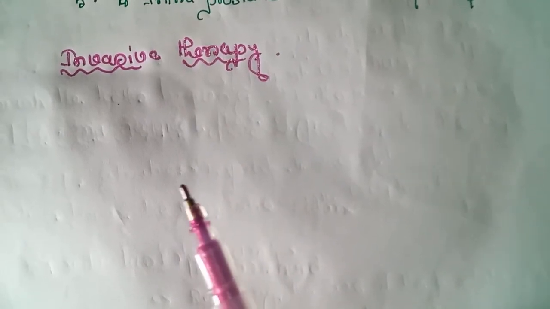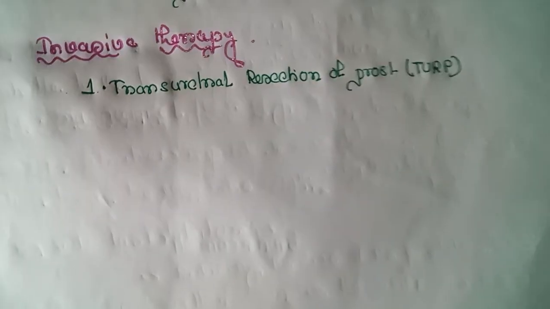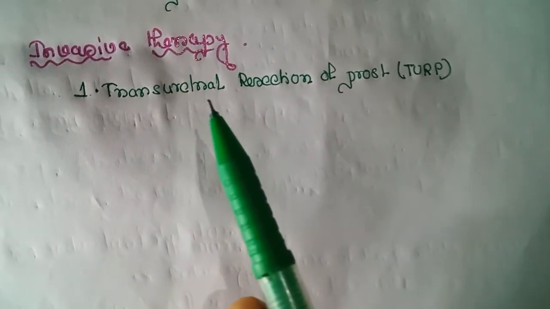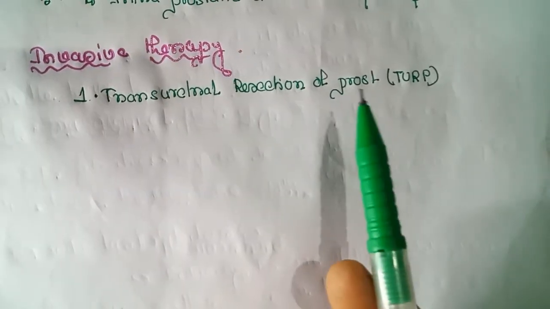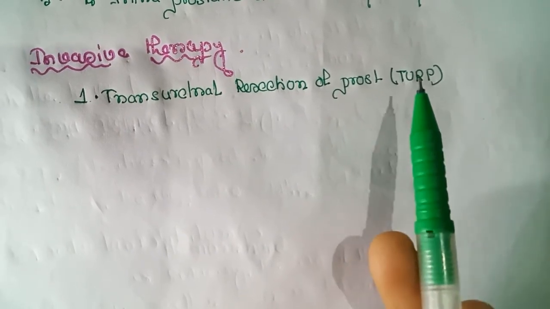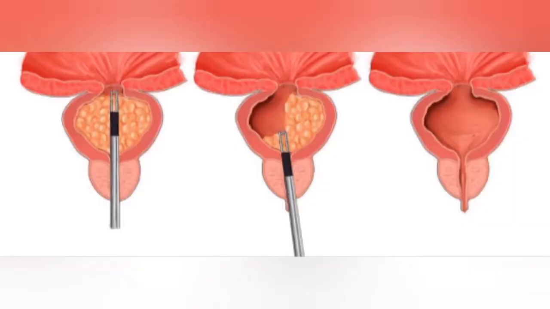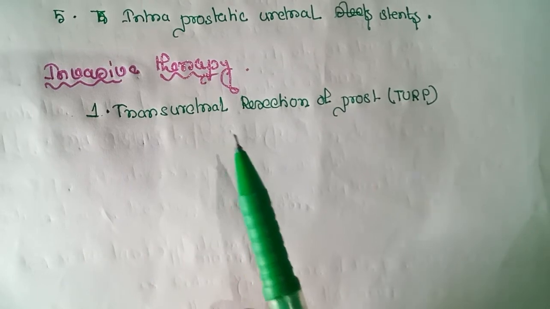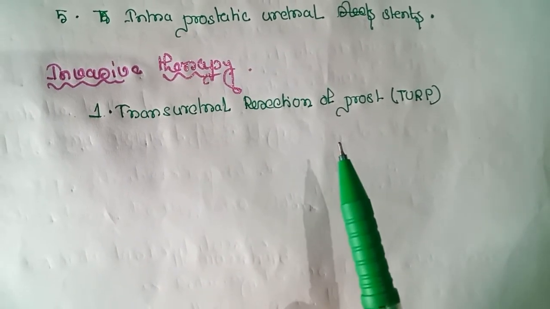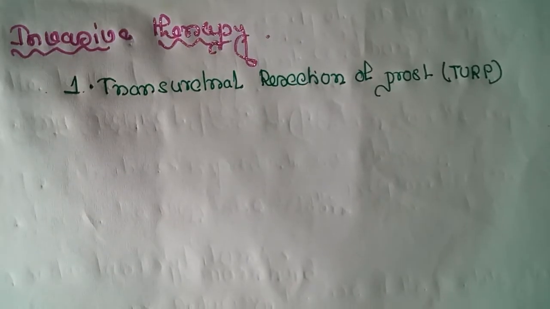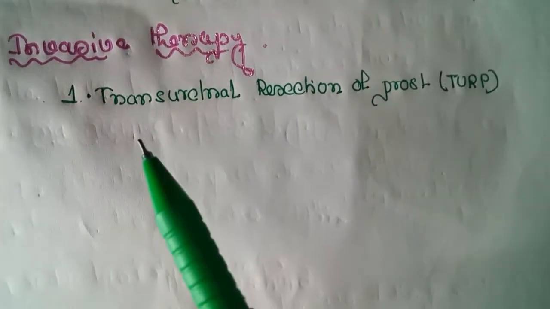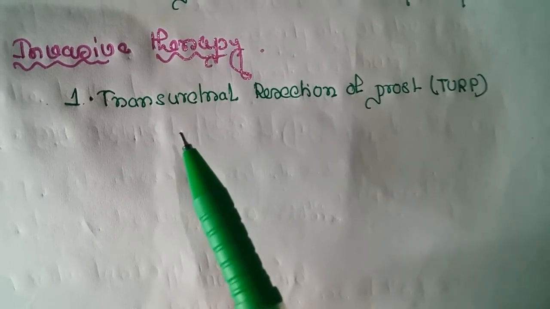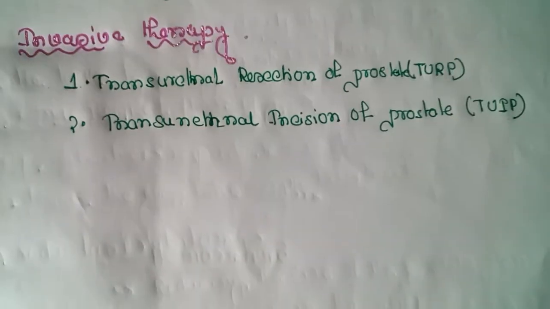The invasive treatments are, at first, transurethral resection of the prostate, TURP. In this procedure, excision is used to remove the prostate tissue cystoscopically. It is the standard treatment for BPH. Okay.